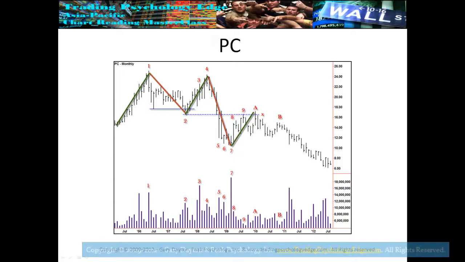We're going to talk more about wave structure on Sunday, but you can just sort of see that sellers are dominant here. The down wave is much larger than the last up wave, and now as we come into resistance, this up wave is relatively small compared to this last down wave too. And then look at the volume coming in.